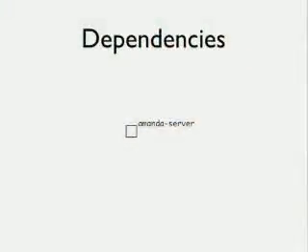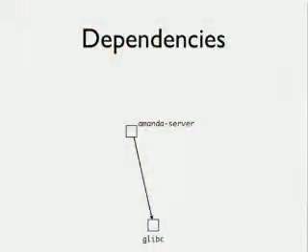So when we have a package like, in this case, Amanda Server, which is a backup program, you cannot download and install the package on an empty computer. You need to have other packages installed before you can install Amanda Server. One of those packages is the C runtime library.